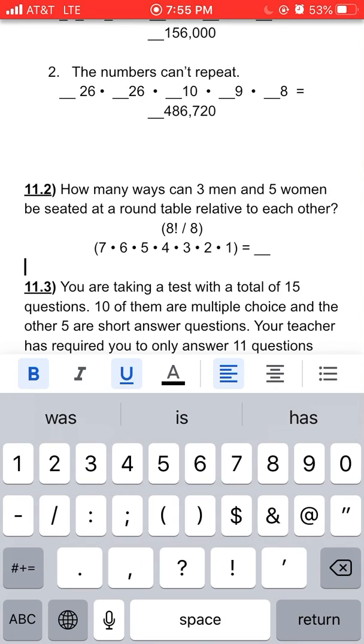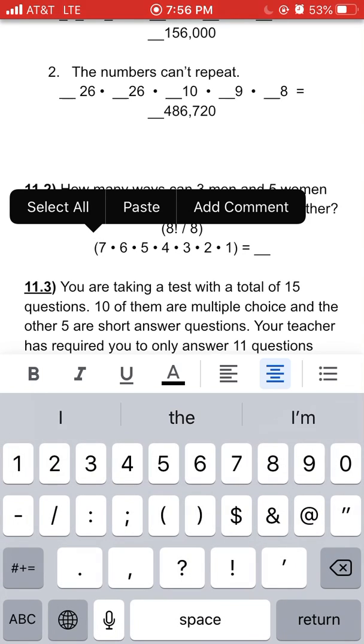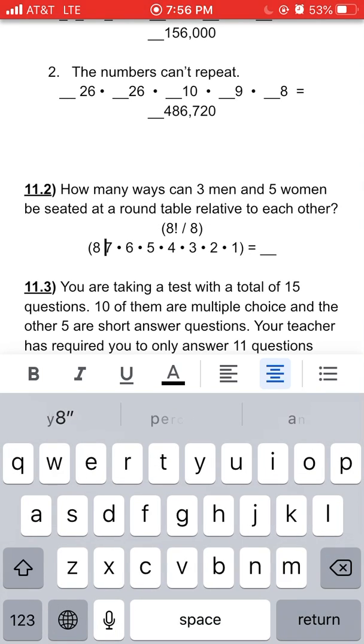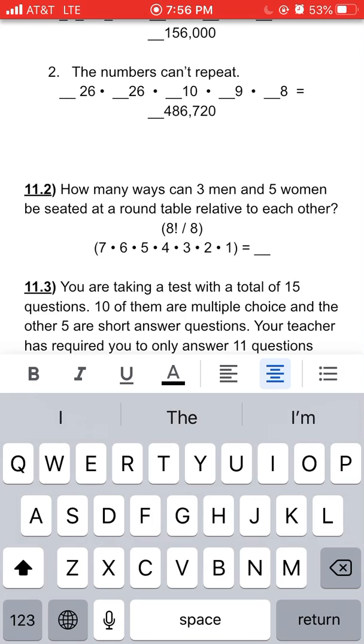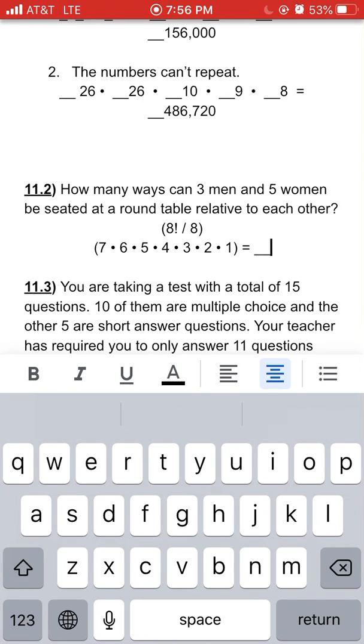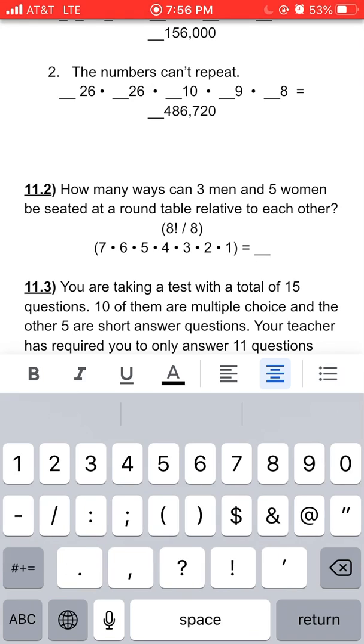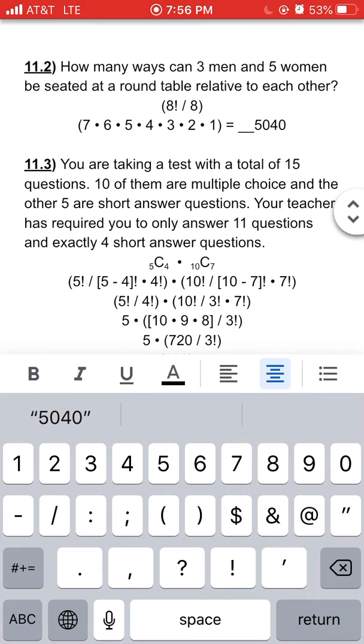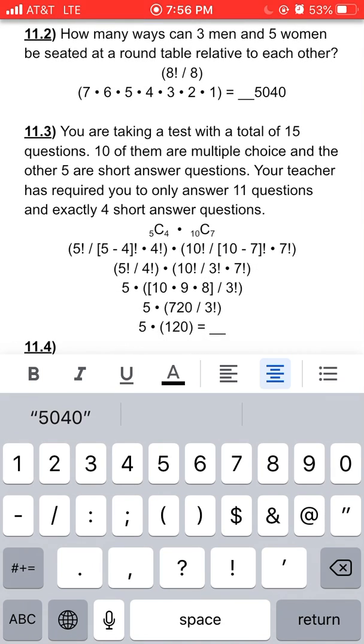And because the 8 in the denominator is canceling out the first 8 in the 8 factorial, it just basically becomes 7 factorial, which equals 5,040 possibilities.